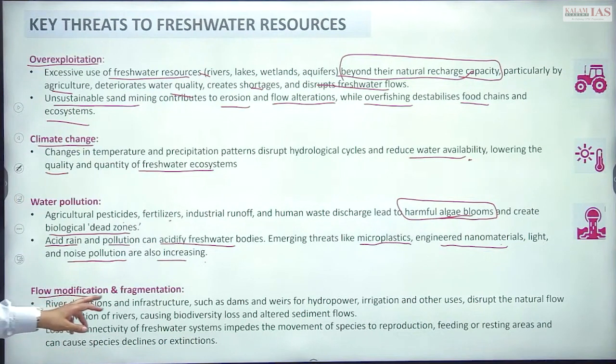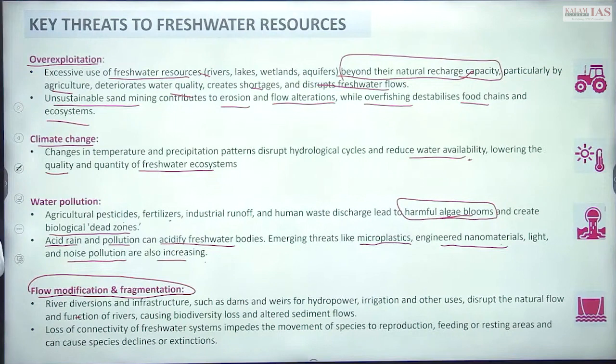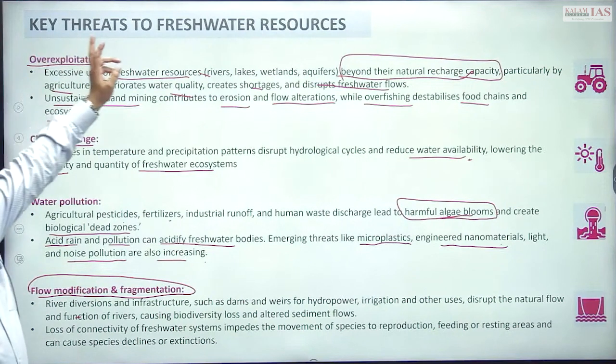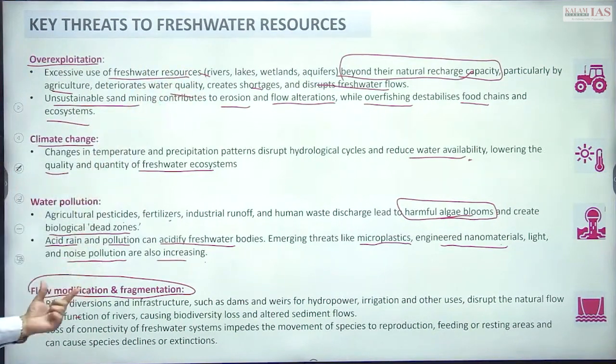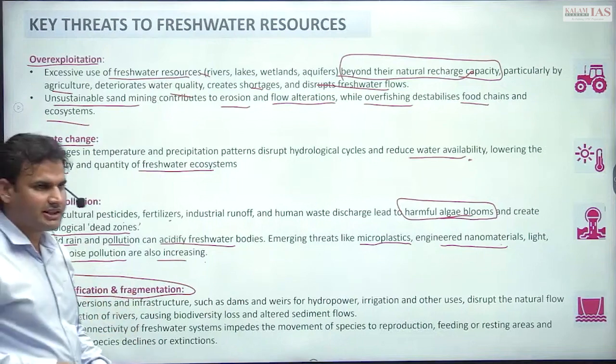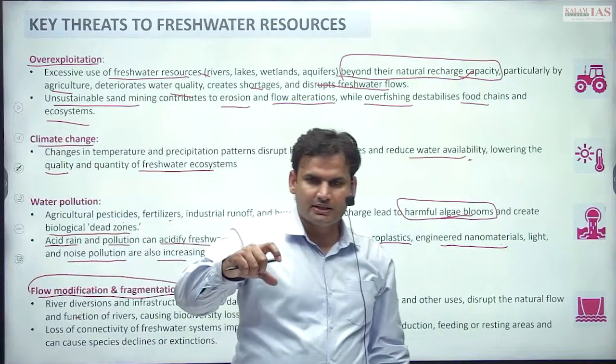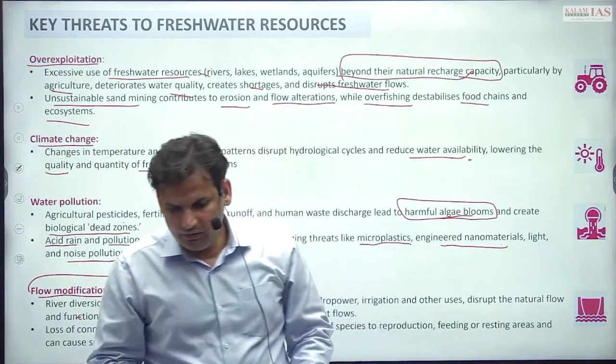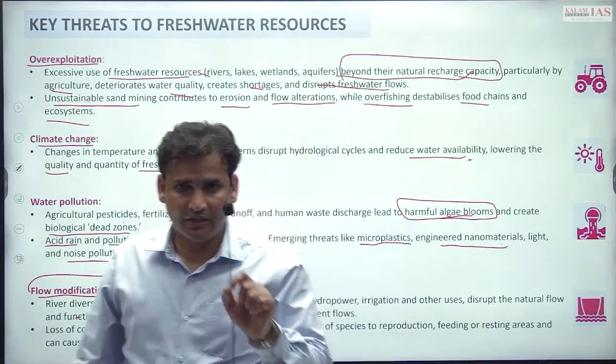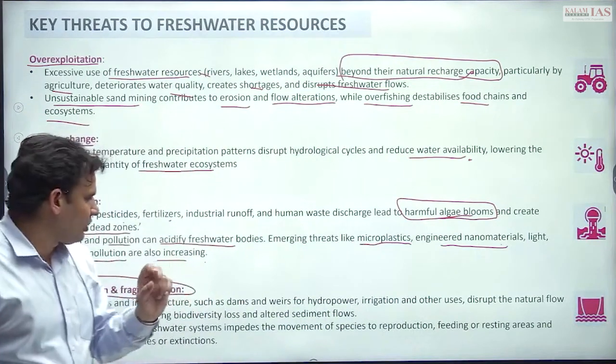And we have flow modification and fragmentation. So we are studying the key threats to freshwater resources. How will flow modification and fragmentation happen? Any water body, for example, if we create dams, the flow would be altered, right?